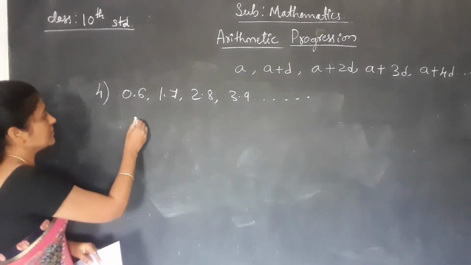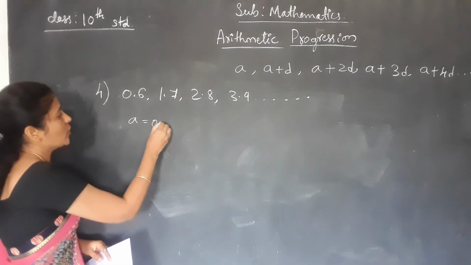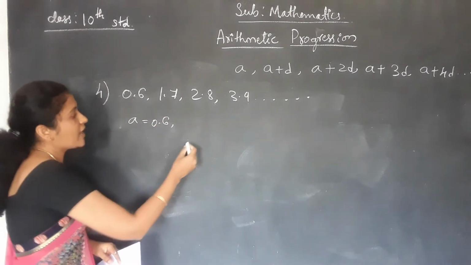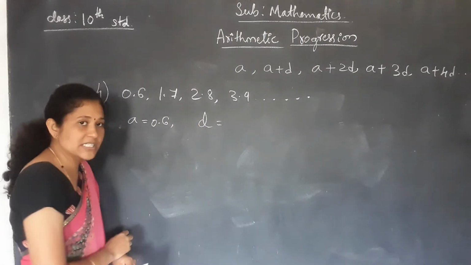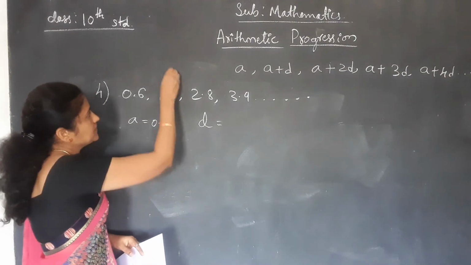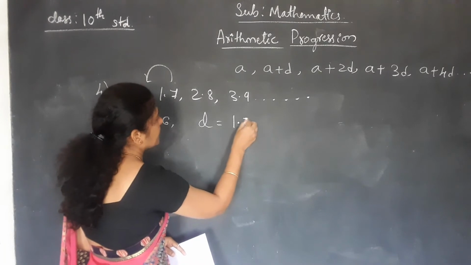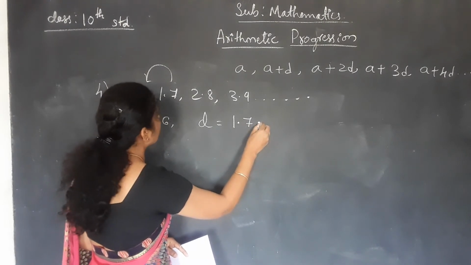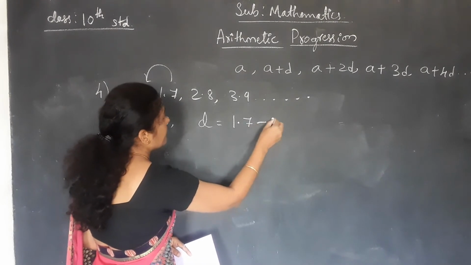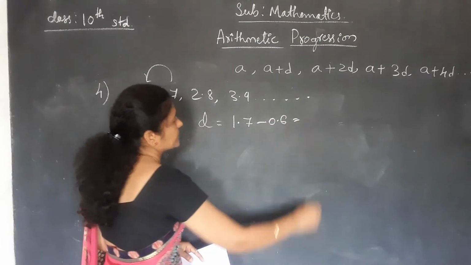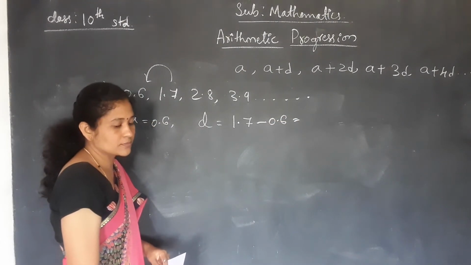So by observation, the first term is 0.6. Now you have to find the common difference. Common difference is the second term minus the first term, the difference between the second and first term, that is 1.7 minus 0.6.